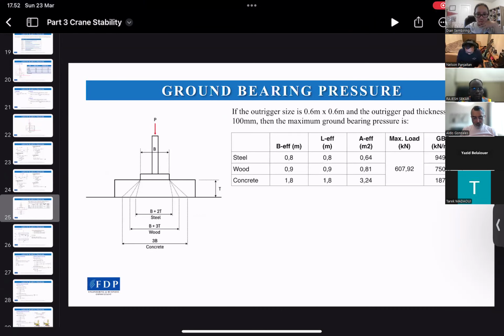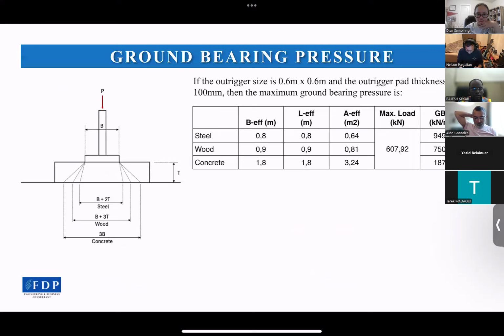Yeah, this one? Yes. So the outrigger pad is 0.6 meters times 6.6 meters, and the thickness is 100 millimeters. So yeah, what's the question about this?